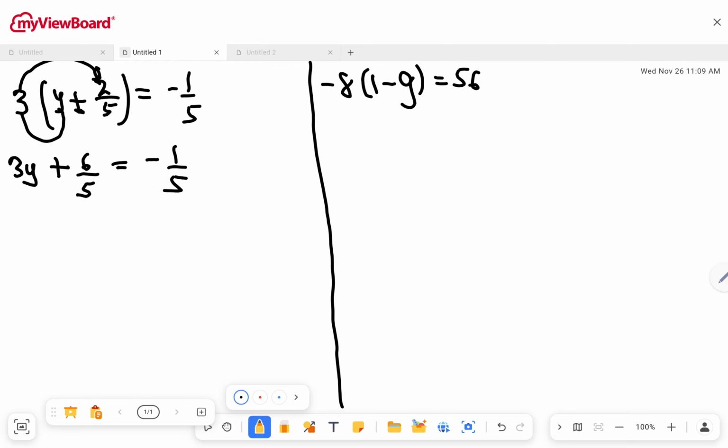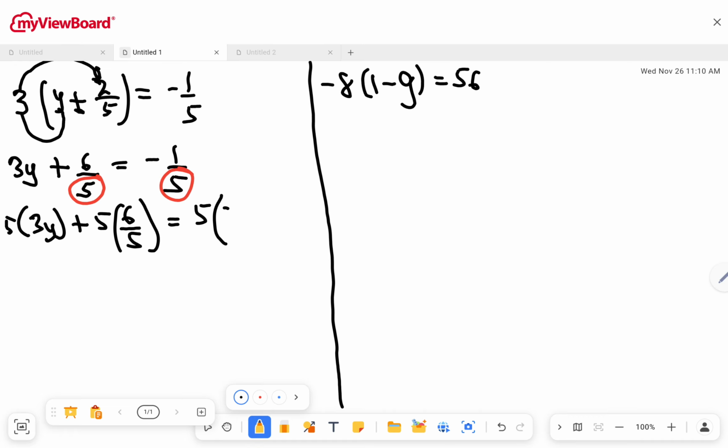Now, in my earlier video, I made mention that if you have a denominator, it is better to multiply through by the denominator. So let's apply that here. Since the denominator is the 5 here, or these 2 5s, we have to multiply through the equation by 5. So we have 5 times 3y plus 5 times 6 out of 5 is equals to 5 times negative 1 out of 5.